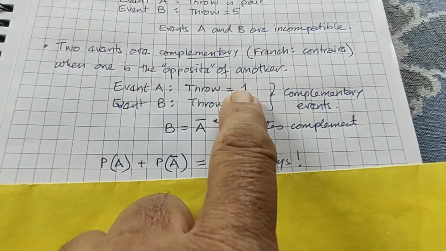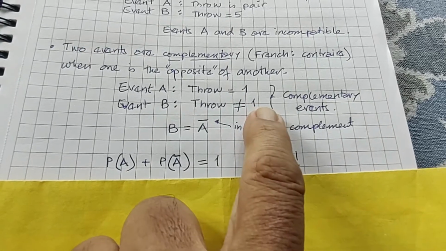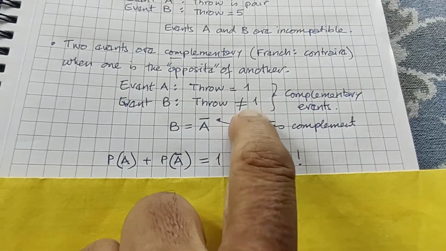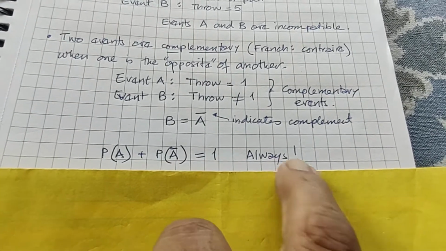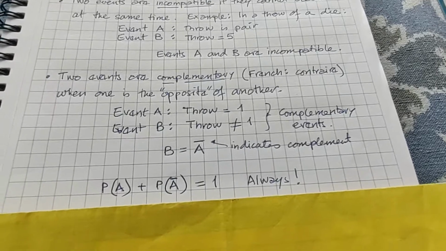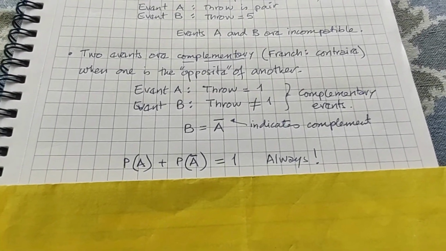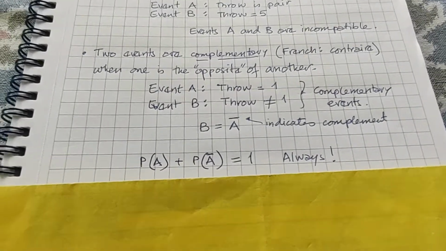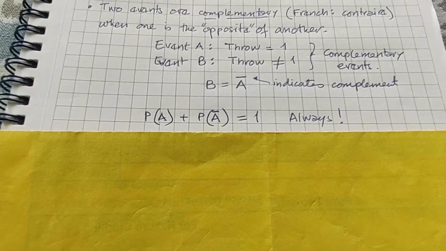Here probability of A is 1 over 6, probability of B is 5 over 6. If you add those two up, 1 over 6 plus 5 over 6, you will get 1 always. So in a coin toss, what's the probability of getting heads? That is 0.5. What is the probability of not getting heads? That is also 0.5. When you add that up, you will get 1.